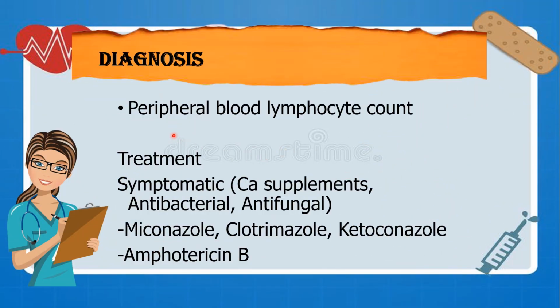For the diagnosis, the patient may have a peripheral blood lymphocyte count, and for the treatment, particularly for the patient with symptoms, they could have calcium supplements, antibacterials, and antifungals such as miconazole, clotrimazole, ketoconazole, and amphotericin B.